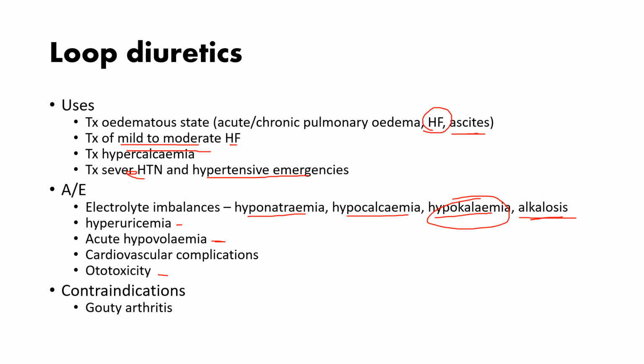And the reason for that is because there are sodium, potassium, and chloride co-transporters inside the inner ear as well. So these co-transporters are not just found in the tubule, they're also found in the inner ear. That's why ethacrynic acid and other loop diuretics can cause ototoxicity.